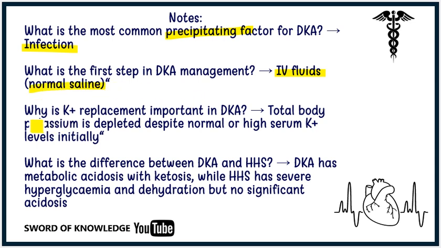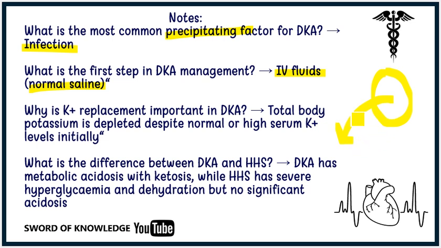Why is potassium replacement important in DKA? Remember, this is a very important concept, so I want you to pay attention. What happens when there is DKA? DKA affects the type 1 patient, who has very low insulin. Whenever there is low insulin, the potassium comes out of the cells.